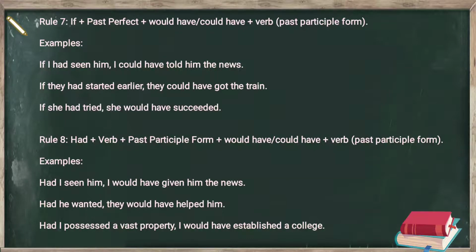So past perfect tense, what is the structure of perfect tense? একটু আগে আমরা বলেছিলাম। বলো তো দেখি কে কে বলতে পারবে? Subject had with three object. Then you have to use in the next portion would have, could have, verb's past participle form. Okay, and then go to next.